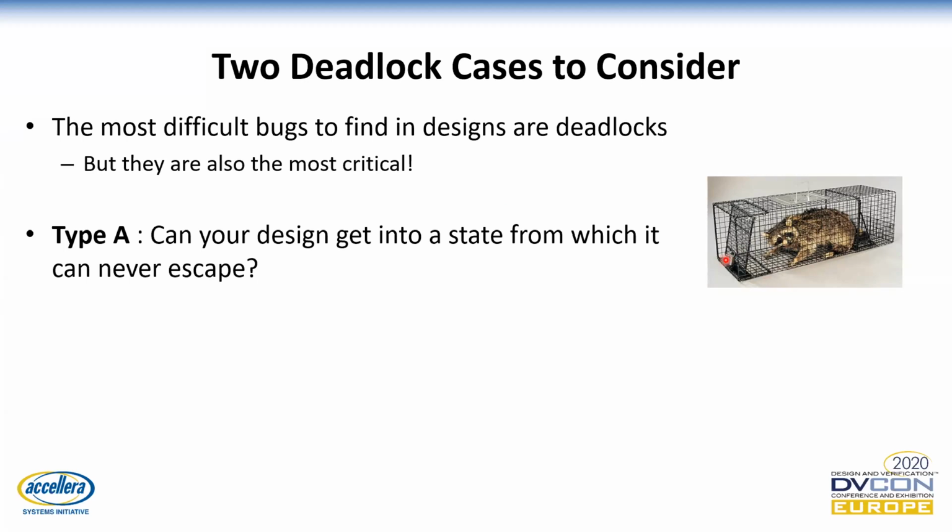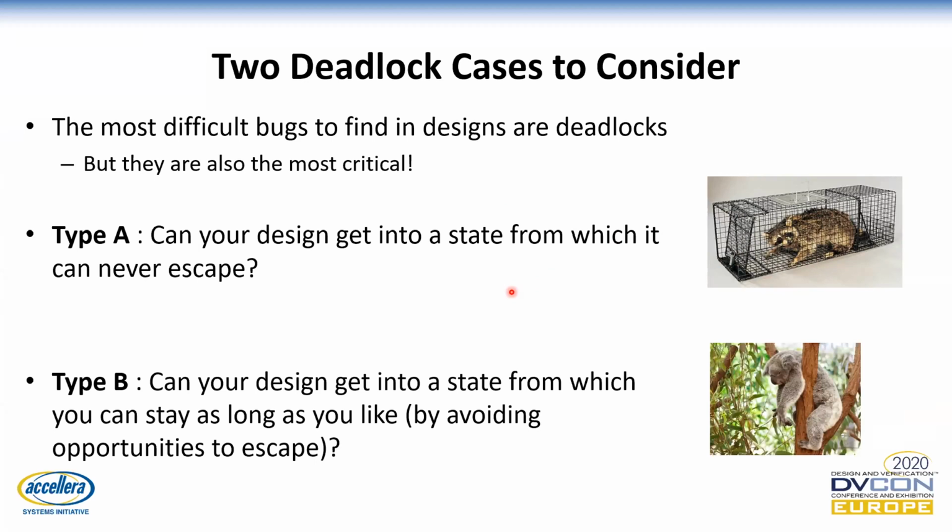He will not be able to get out on his own. Type B is when your design reaches a state and can stay there permanently by avoiding the possibility to exit the state. So this is like the koala here. He is hanging in the tree until he decides to get down for some reason.